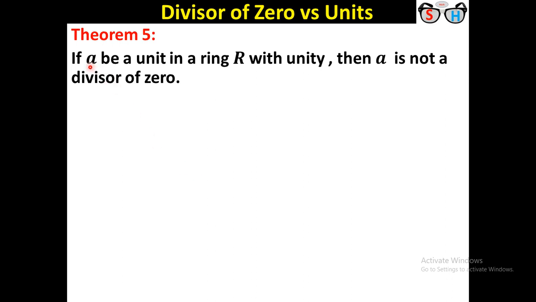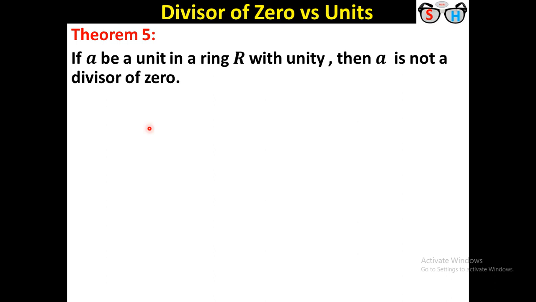Since A is a unit, obviously the ring contains the unity. So here we consider a ring with unity, and suppose I have a unity in R. So A must not be a divisor of 0. Okay. So if you see that A is a divisor of 0, you can conclude that A is not a unit. Here the result is that when A is a unit, then A is not a divisor of 0.